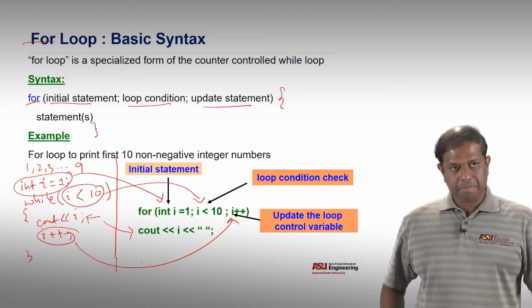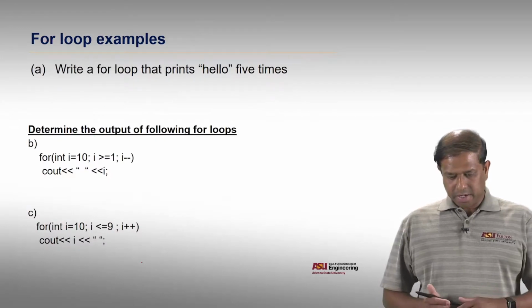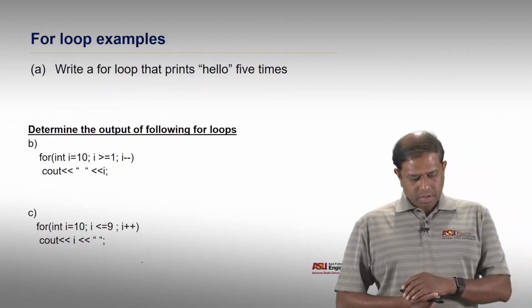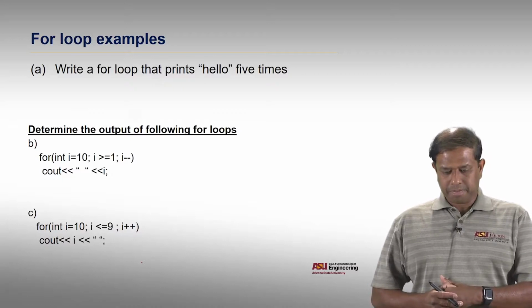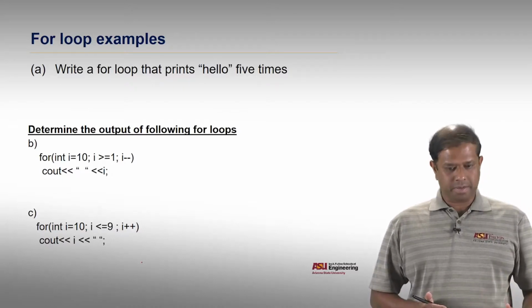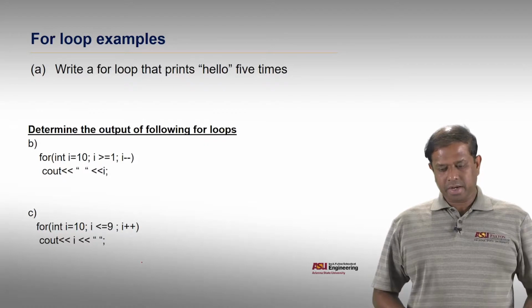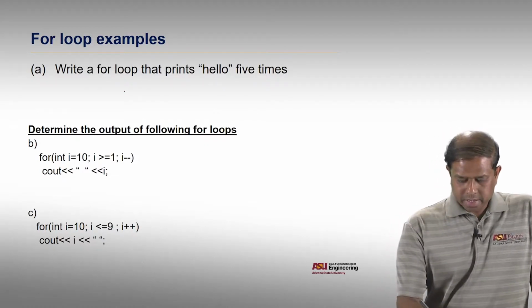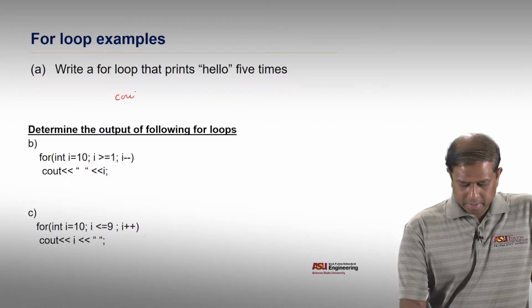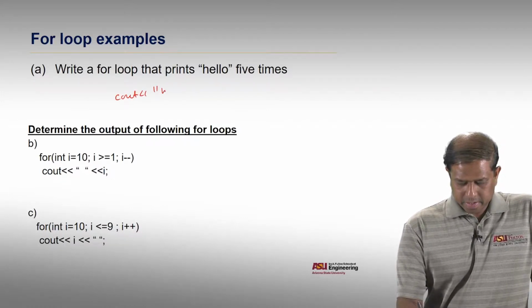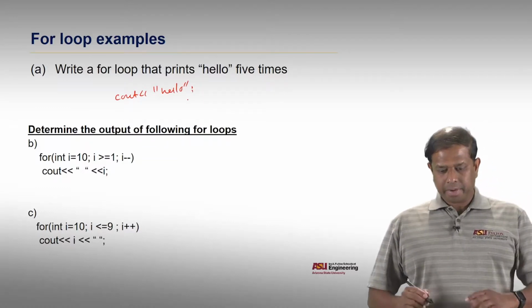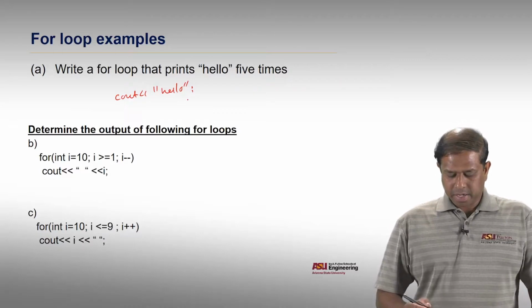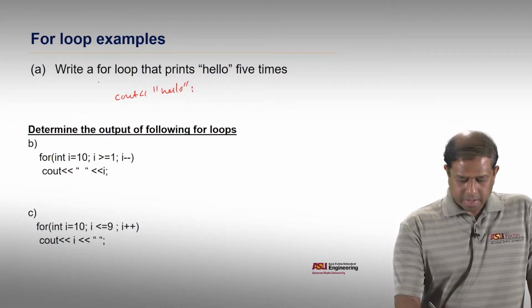So let's take a look at a few for loops and see how they work. Okay. Now suppose I need to write a for loop that prints hello 5 times, right? If I want to do that, then I know exactly how many times I need to repeat this certain set of operations. So here, I will be displaying hello 5 times. All right. Now I need to wrap it inside a loop. Since I want to do it inside a for loop, I can put it as a for loop.